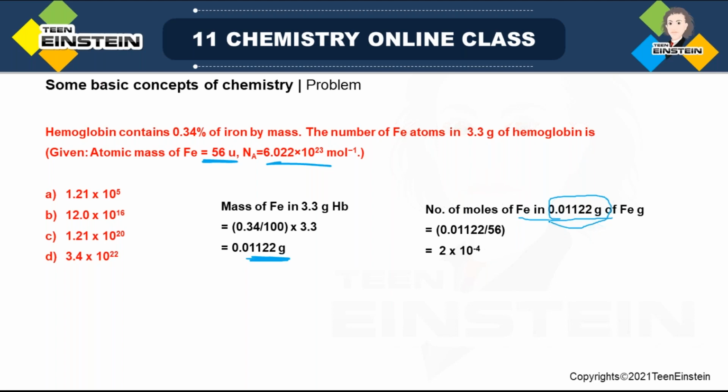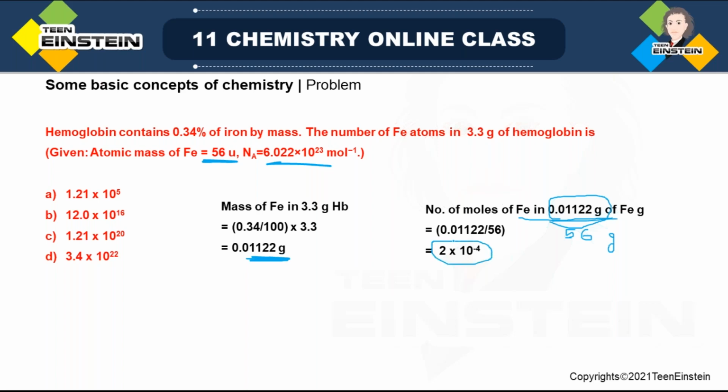So we know that the atomic mass is 56 U, and though it is given in U, you can consider it as gram. So you are dividing 0.01122 by 56 gram. So gram is cancelled because the numerical value is the same. Don't bother about that. So you can get the total number of moles.